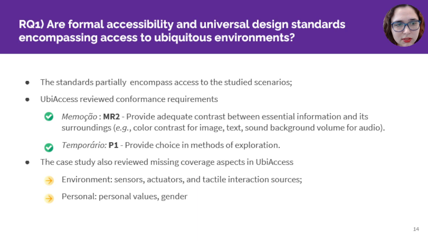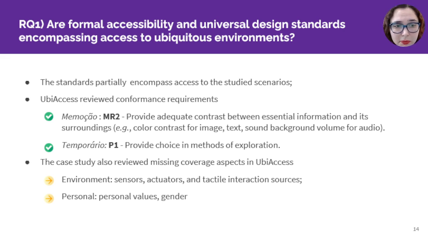Our first research question: are formal accessibility and universal design standards encompassing access to ubiquitous environments? The standards partially encompass access to the studied scenarios. UbiAccess reviewed some conformance requirements, for instance, from Memoção, Multimedia Resource 2, provide adequate contrast between essential information and its surroundings, so color contrast for image and text, and background volume for audio.